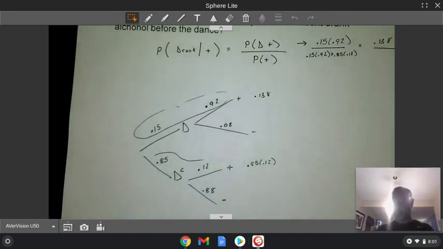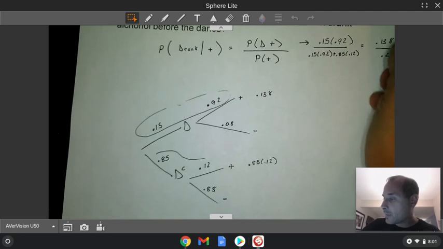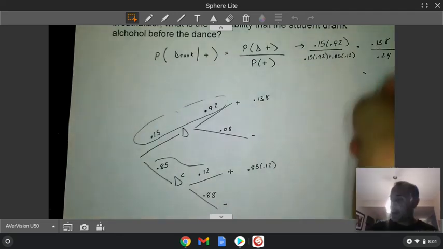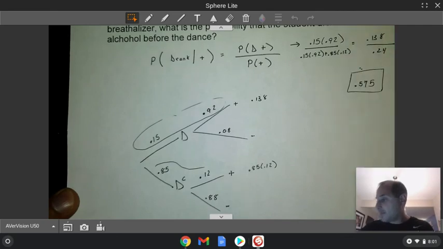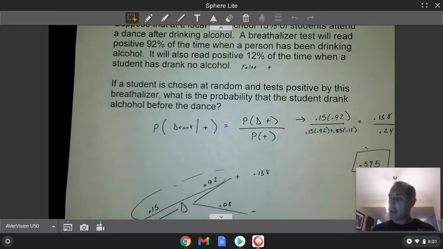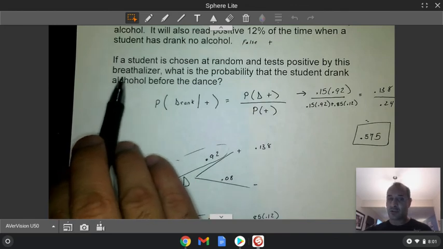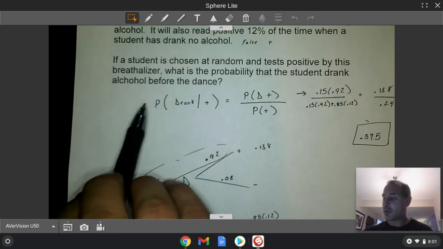We'll determine what that is. That is 0.24. So 0.138 divided by 0.24 is 0.575. So if a student did have a positive test result, then it is 57.5% likely that they did drink alcohol before the dance.